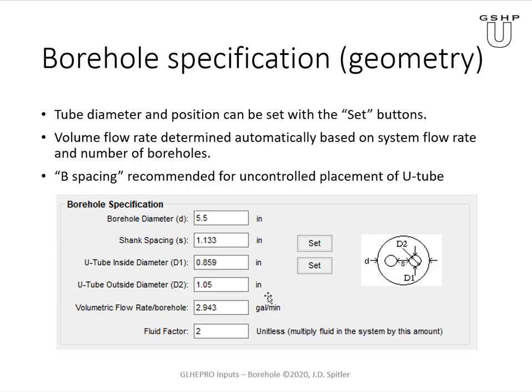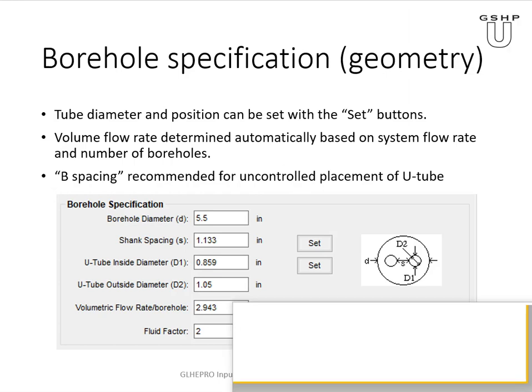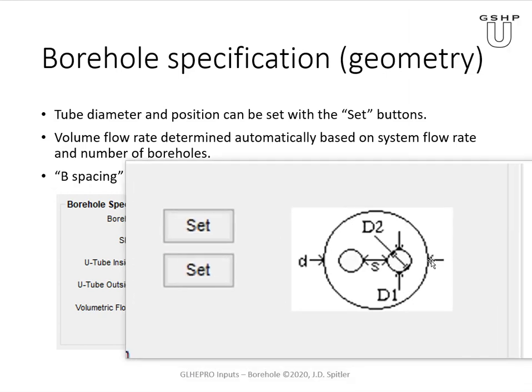I think he had an A0 spacing where they were actually touching each other, and a B spacing where they were sort of uniformly spaced, so the distance from the borehole wall to the edge of the pipe was the same as this shank spacing S, which is the same as the spacing on the other side.